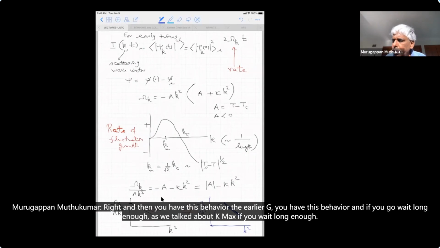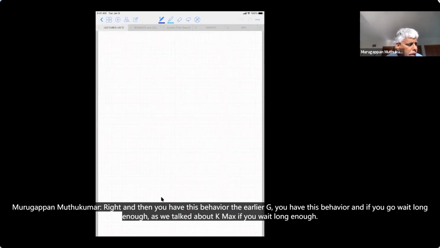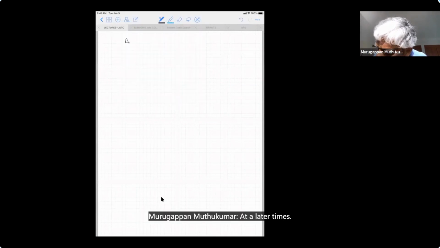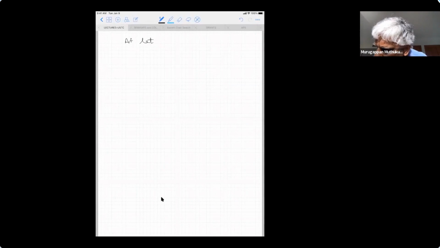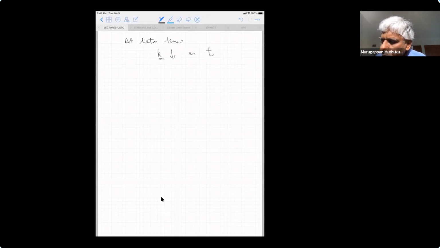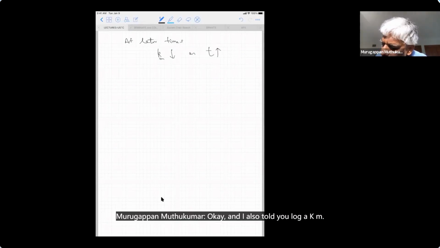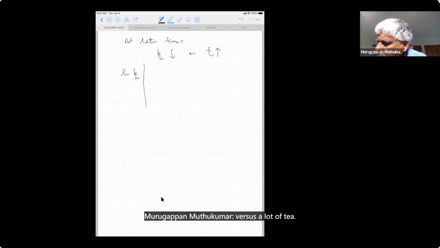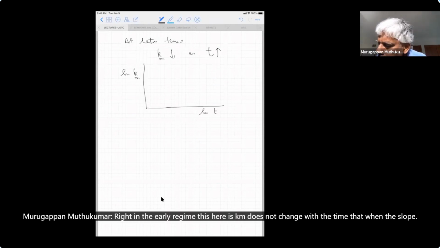And if you wait long enough, as we talked about K max, at later times Km comes down as time goes up. I also told you about log Km versus log t. In the early regime, it is here.